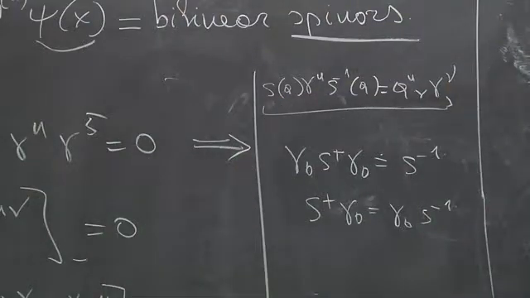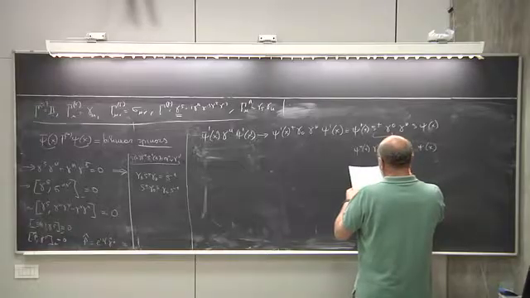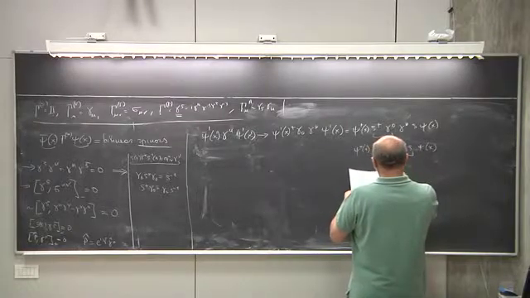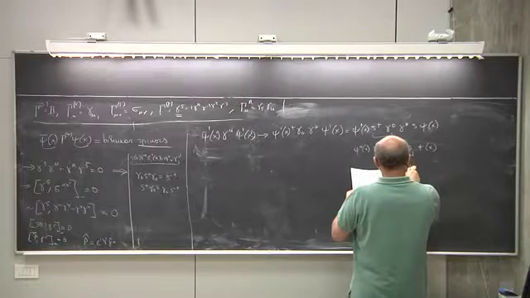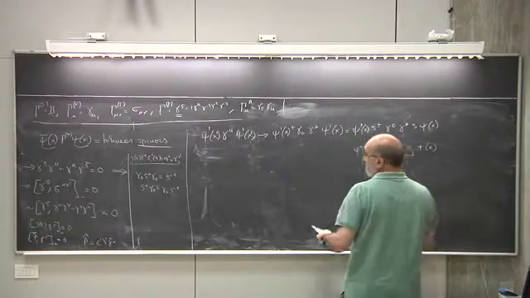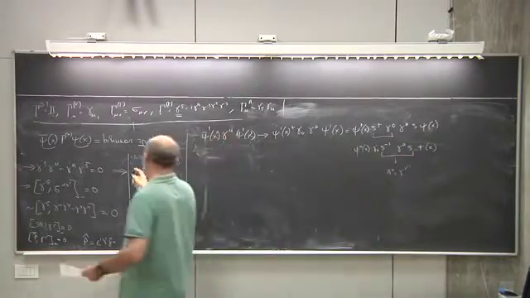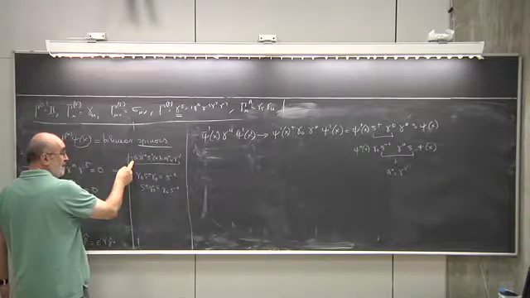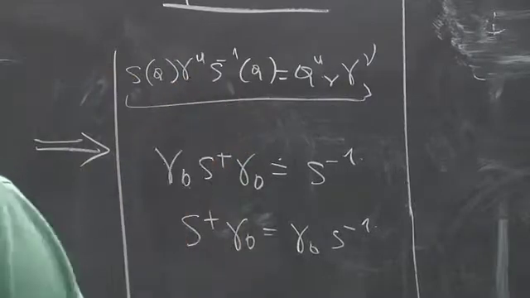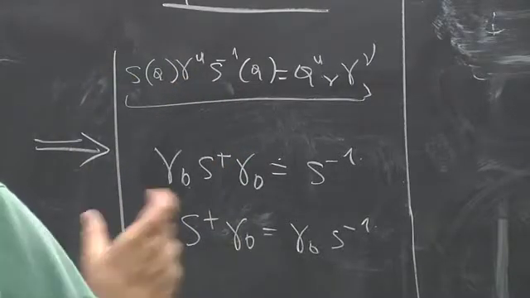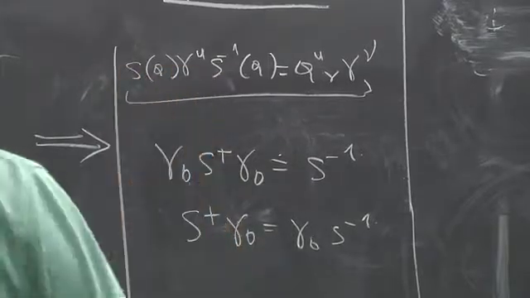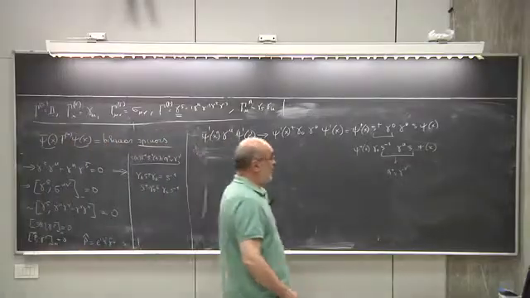So this quantity I can put equal to A mu nu gamma nu, because of this relation. Even if S to the minus 1 is to the left, it doesn't matter, because this holds for any S. So I could take any S related to A, even the S of the minus 1.